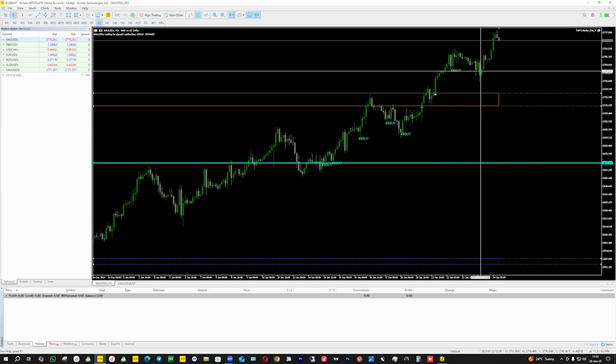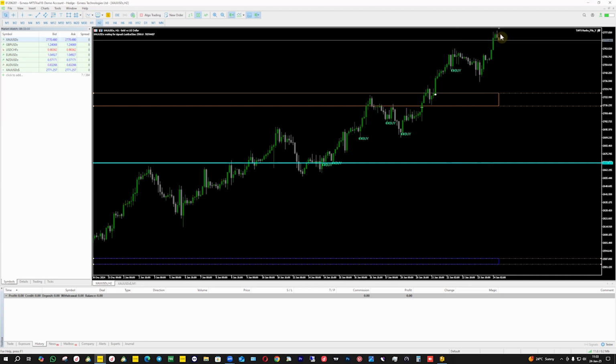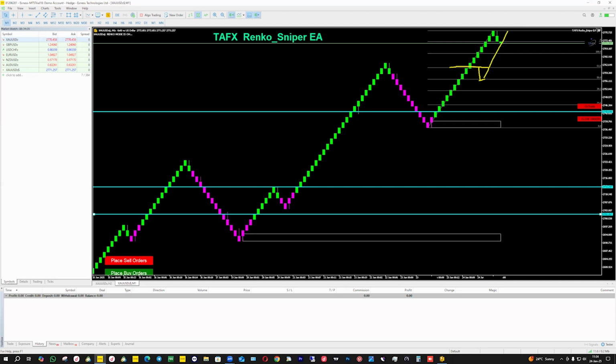After this small manipulation, the market went smoothly. There was a good buy here, but a small manipulation, hitting people's stop loss, and then the market went smoothly. That is why you really need this Renko, because all those manipulations will be dealt with by this TFX Sniper EA.